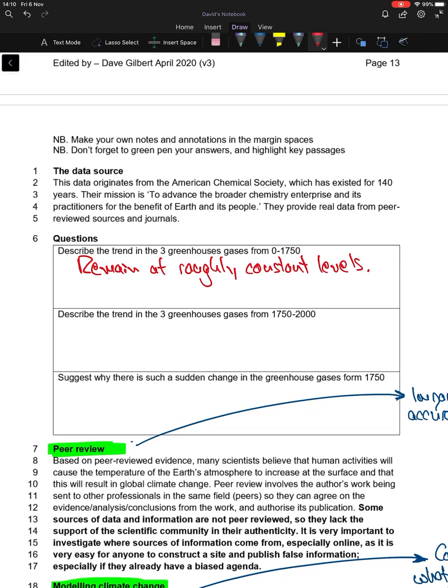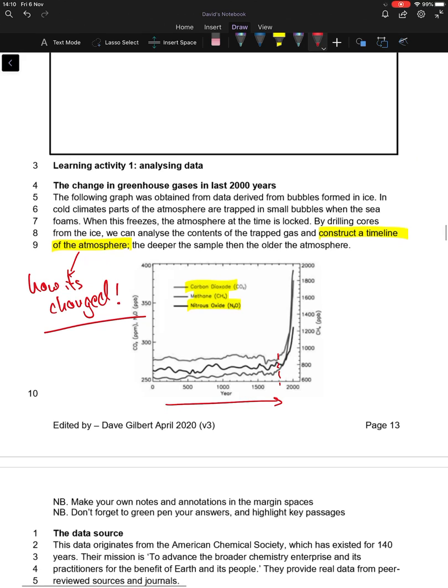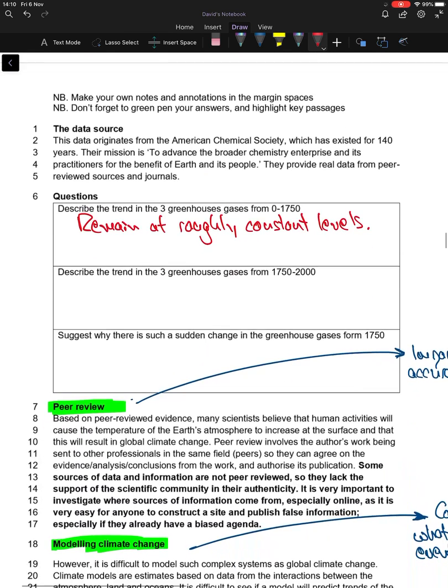And then describe the trend after that. They increase, and they increase incredibly rapidly, they almost increase exponentially. So there's an exponential rate of increase in all 3 gases.